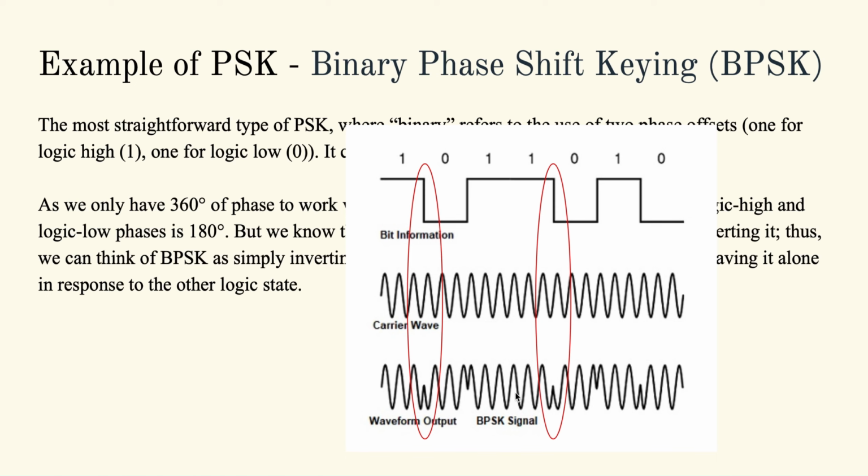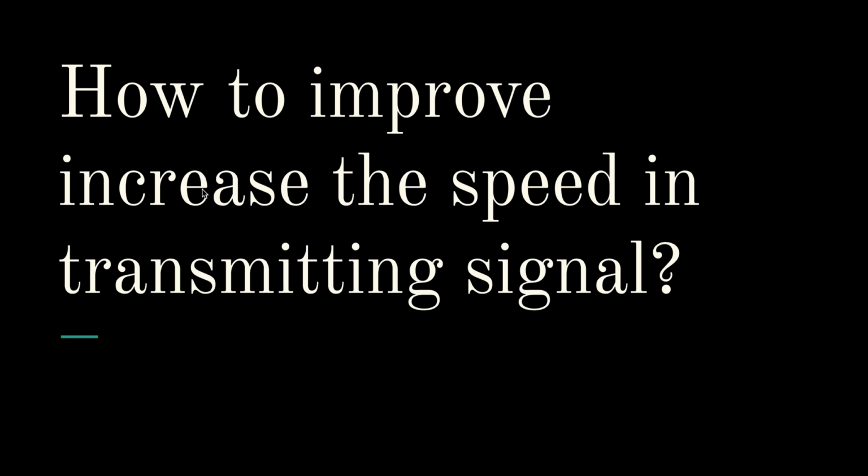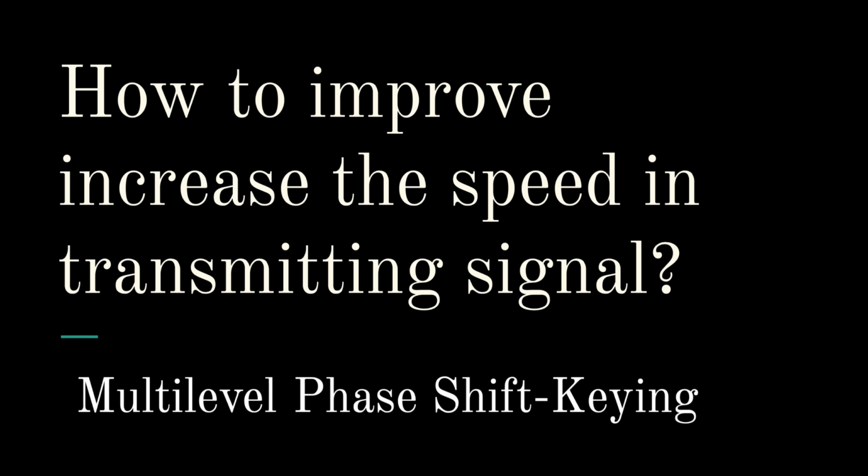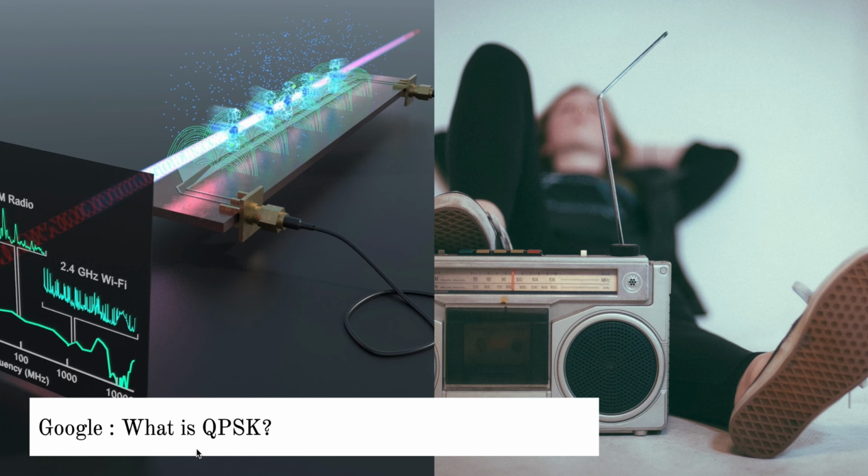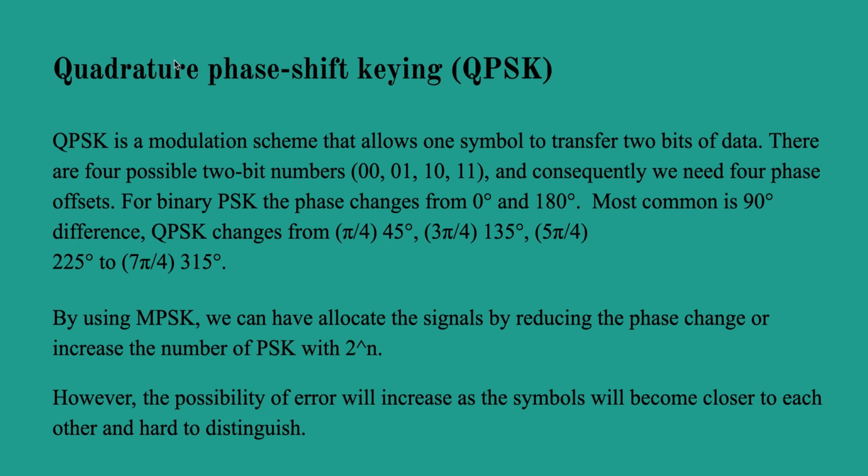From converting 0 to 1, the data is also inverted, but the others are left at the same data. So how do we increase the speed of transmitting a signal? Let me introduce multi-level phase shift keying. The example is QPSK, quadrature phase shift keying. QPSK is a modulation scheme that allows one symbol to transfer 2 bits of data, compared to BPSK, which only transfers 1 bit.